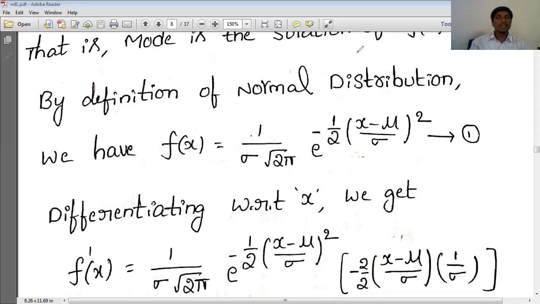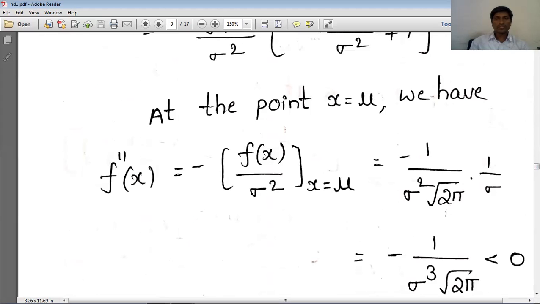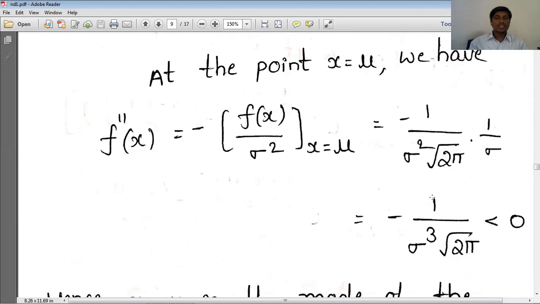So that's why we wrote here 1 by sigma into square root of 2 pi into 1 by sigma square. So 1 by sigma square, as it is, 1 by sigma into root 2 pi. And now here it is 1 by sigma cube into square root of 2 pi, minus is here.